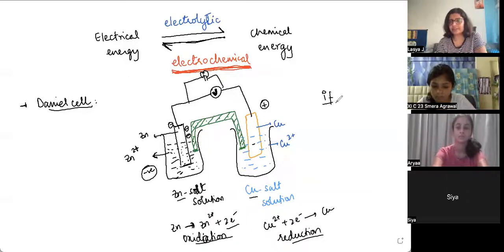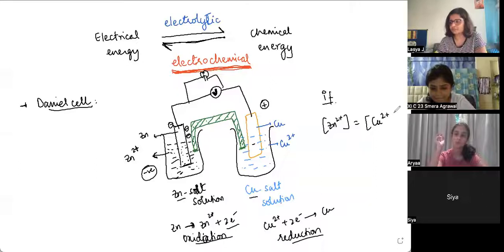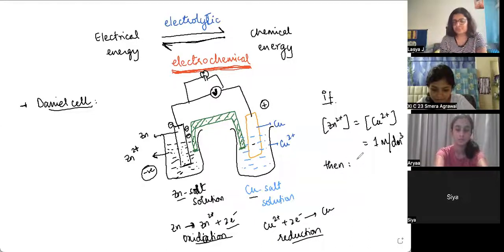If we take standard concentrations, if the concentration of Zn2 plus is equal to the concentration of Cu2 plus, equal to 1 mole per dm cube, then the EMF that was produced between both was measured to be 1.1 volts. So this is the basic setup of the Daniell cell.